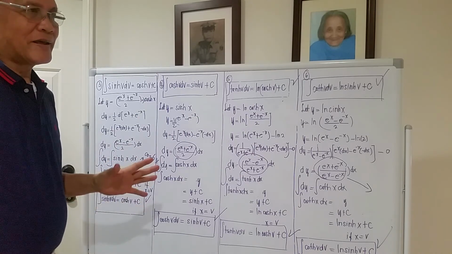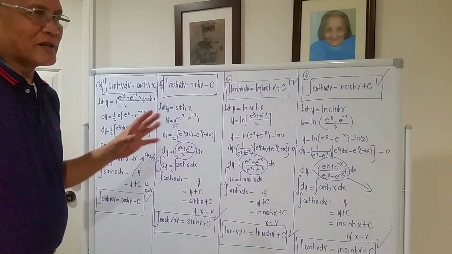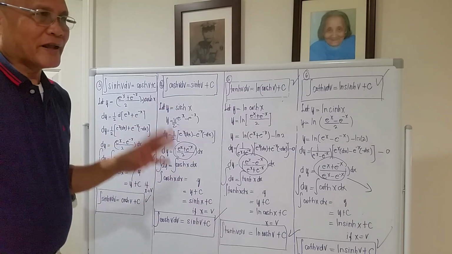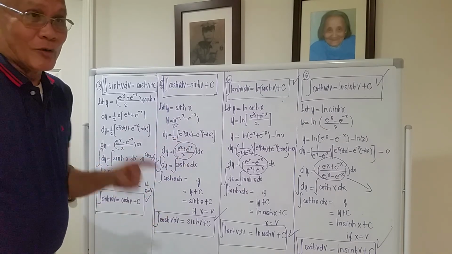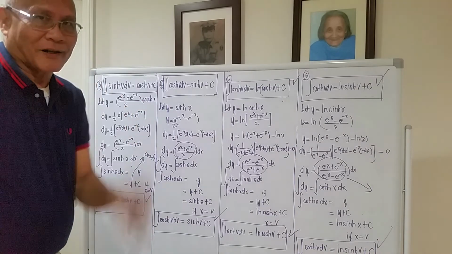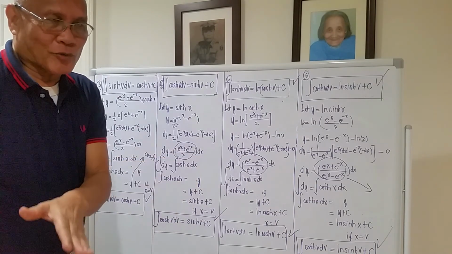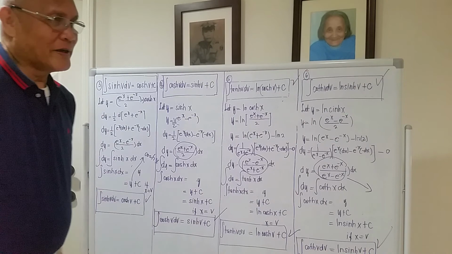Okay? Like the area of an ellipse, something like that. We will derive the formula on how to take the area of a circle. Why the area of a circle is pi r square, something like that. Right? Actually, the origination of that is from integral calculus. We will prove that the area of a circle is pi r square when we go with the application. Okay?